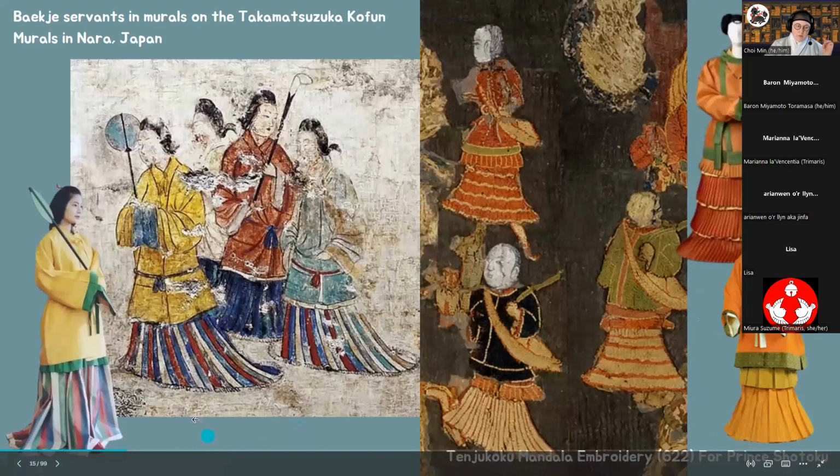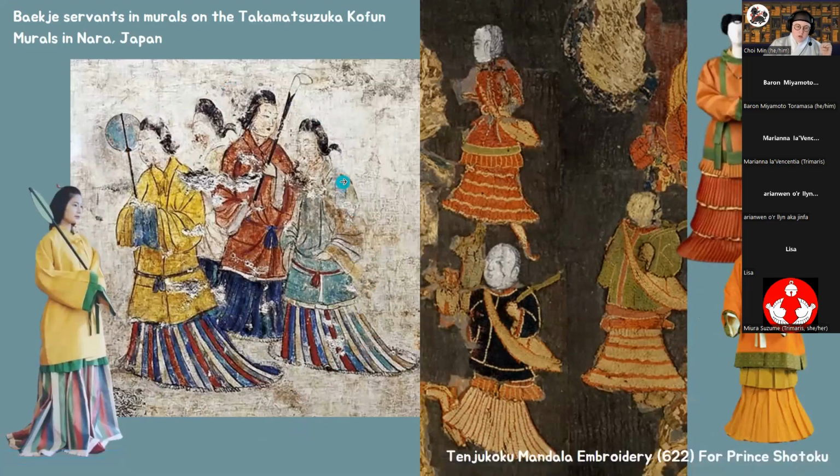So here is one of the primary examples of what a Baekje woman iconically wore. And so there's a tomb that was found in Nara, Japan, called the Takamatsuzuka Kofun. Kofun means tomb.